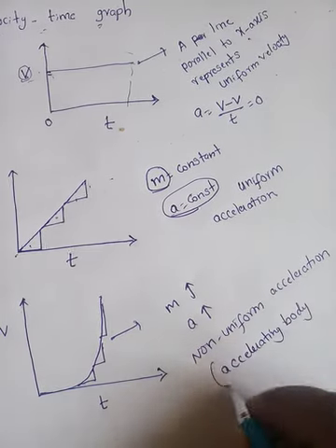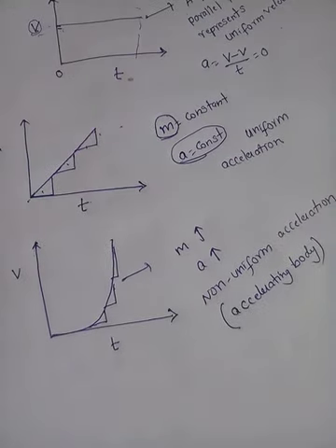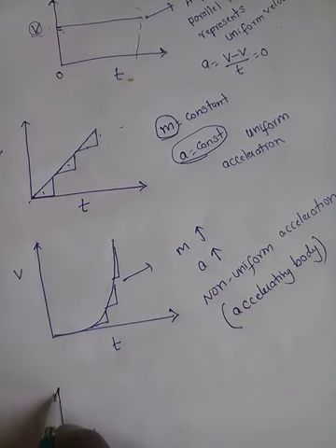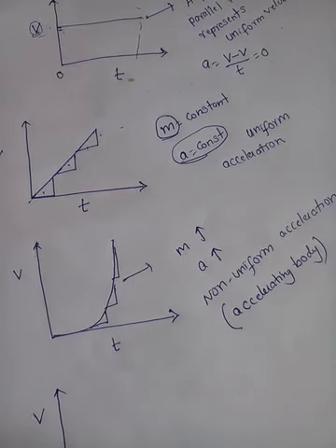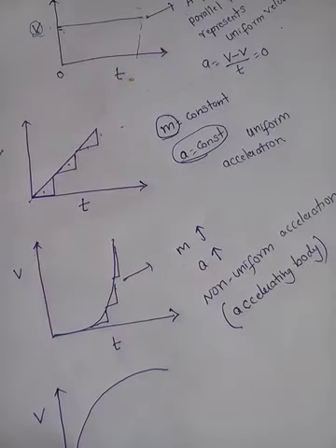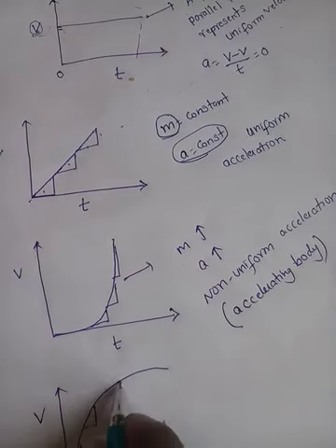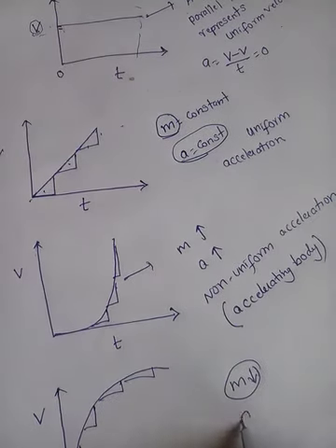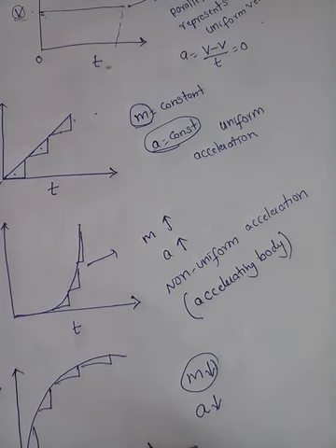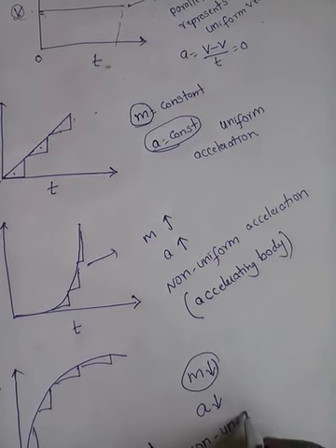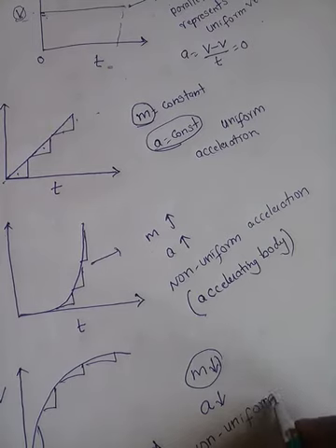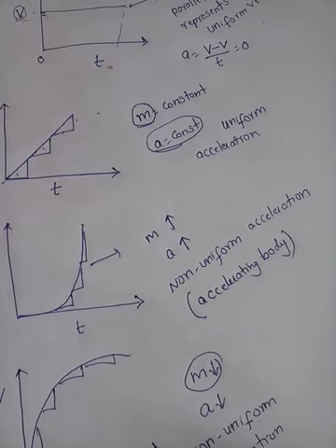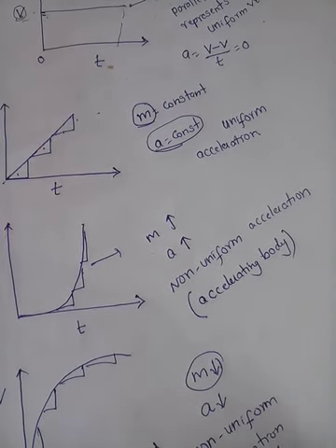Now if a graph looks like this, the slope goes on decreasing. So m is decreasing, which means the slope is decreasing and acceleration also decreases. So this is representing non-uniform acceleration, where the body is having deceleration or retardation.